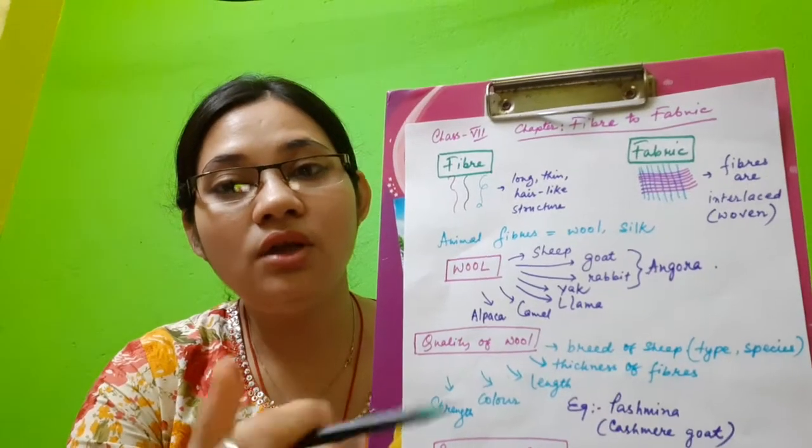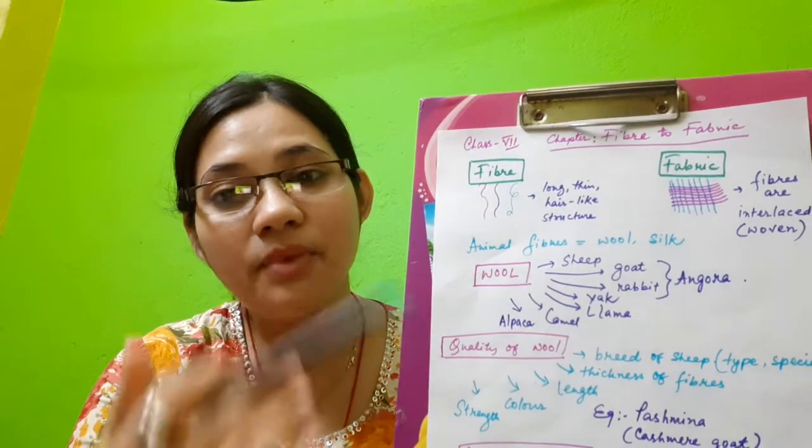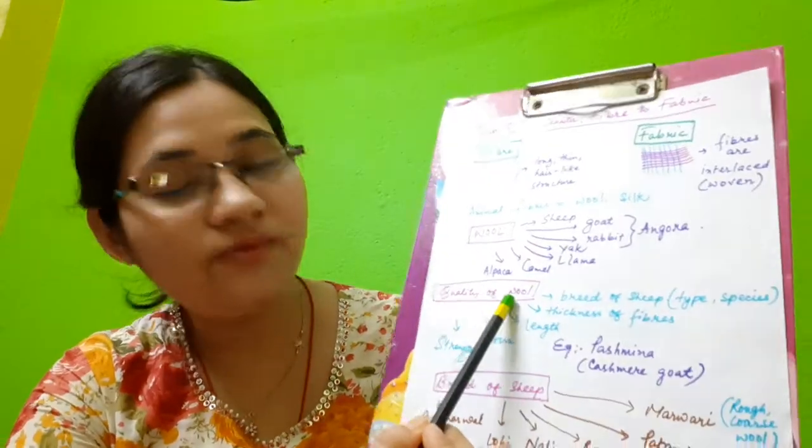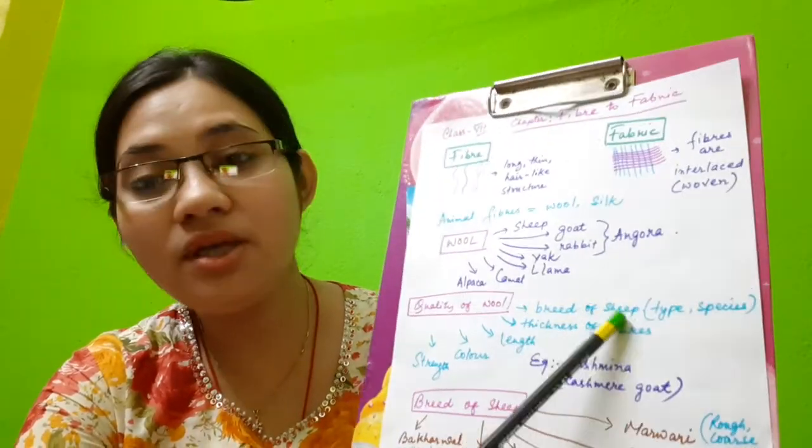Now there are different qualities of wool. When you go to a shop, you ask for different types of sweaters, so there are different qualities of wool. What does the quality of wool depend on? The quality of wool depends on the breed of the sheep.